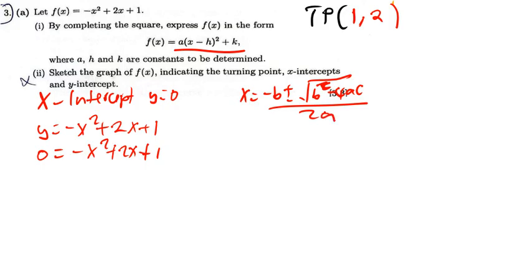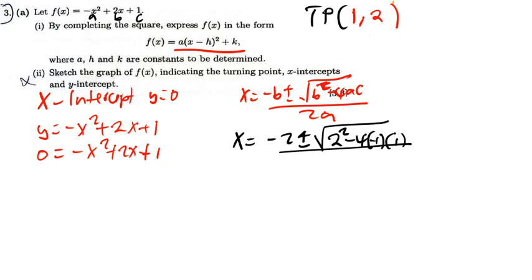We plug in the values. x will be equal to negative b plus or minus, but let's first plug in the values. Why am I writing negative b again? x will be equal to, so now this is a, this is b, and that's c. So b is basically negative 2, or is 2, but it's going to be negative, plus or minus, then again 2, I square it, minus 4. a is negative 1, c is 1.